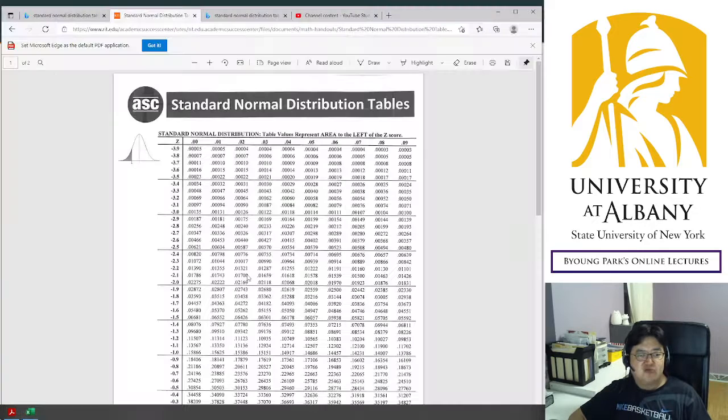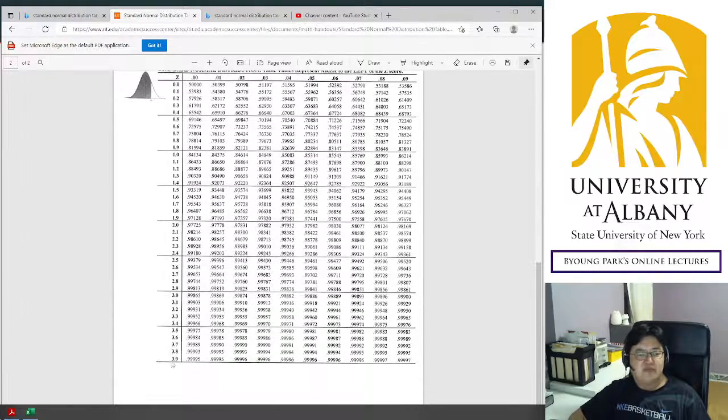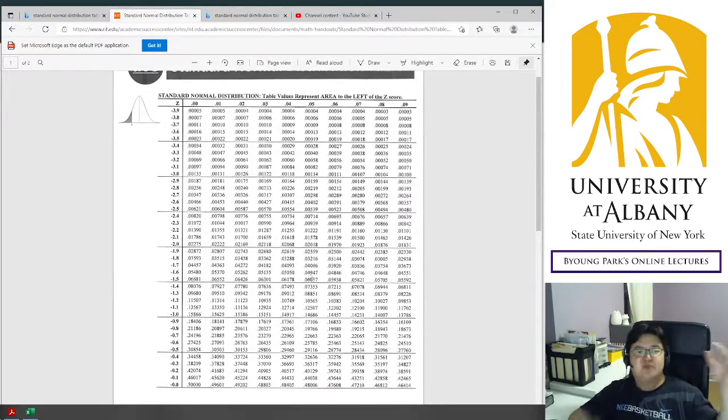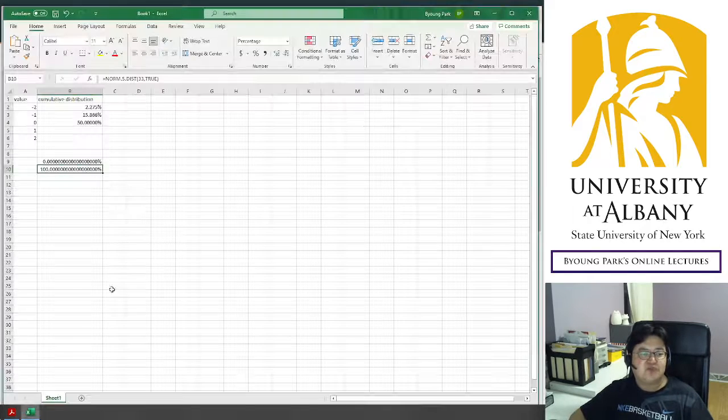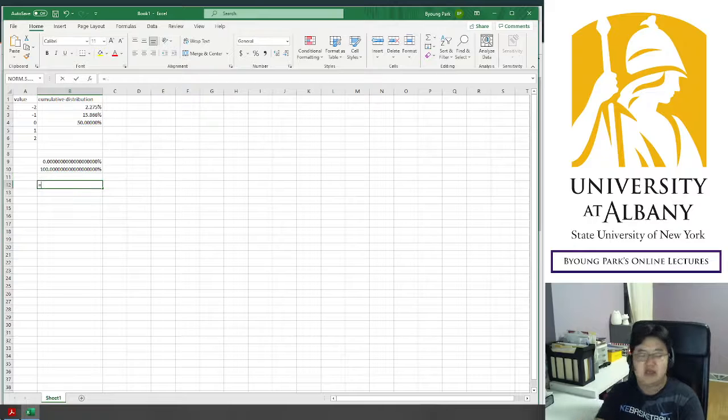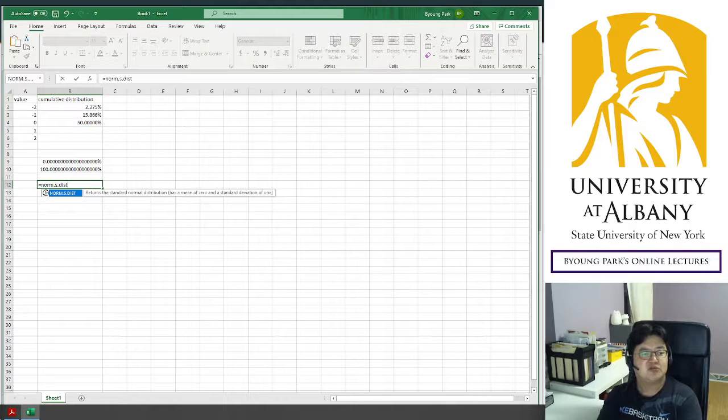Usually, a rule of thumb is, in this table, the smallest number is -3.9 up to the largest number 3.9. So the rule of thumb is plus minus 4 contains almost all the probabilities. I'll show you. Say standard normal distribution.